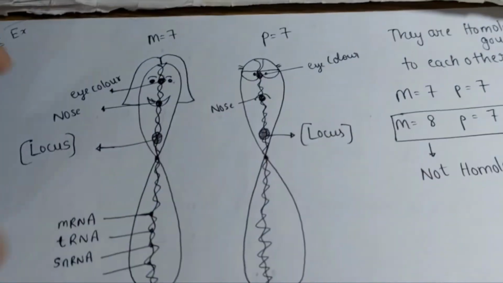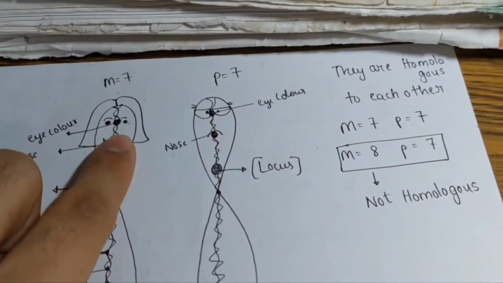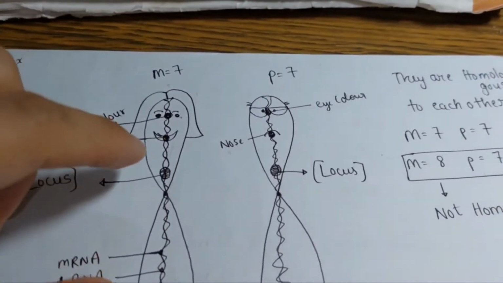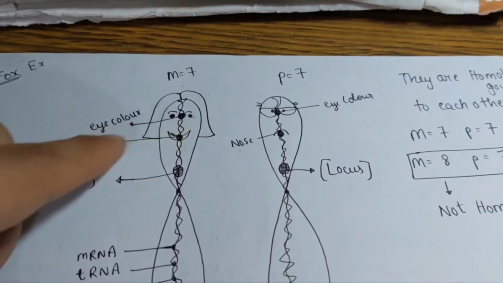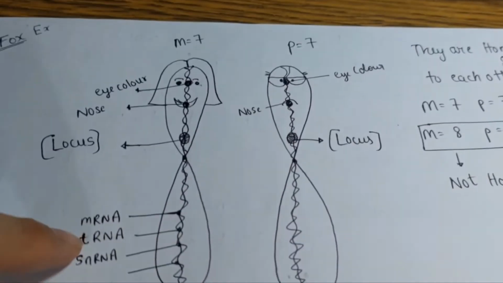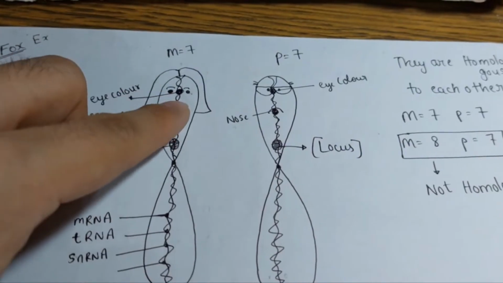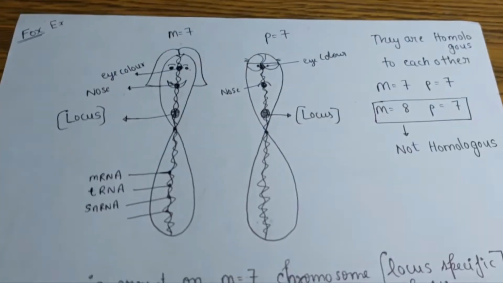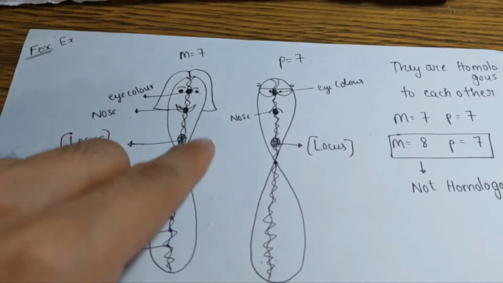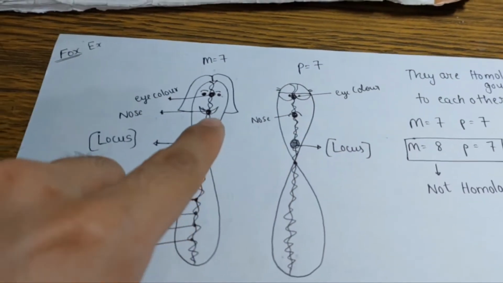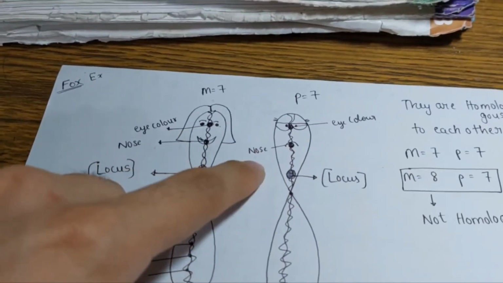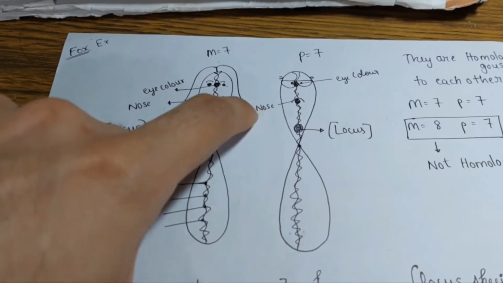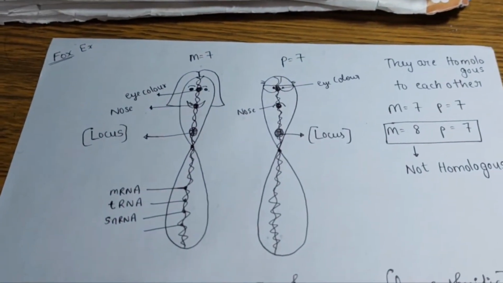Similarly, if we have a gene, this is the gene for eye color, this is the gene for nose, and mRNA, tRNA, snRNA. So if we have a gene on the same locus of the homologous chromosome, then it is called an allele. So this is an allele of this, because they both are going to manifest the genes for the formation of the nose.